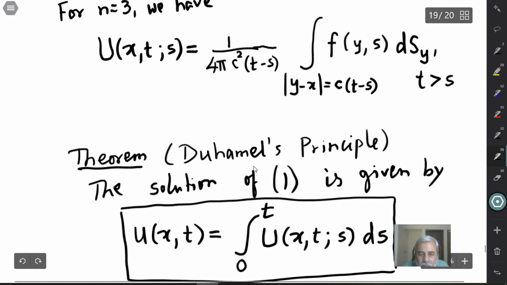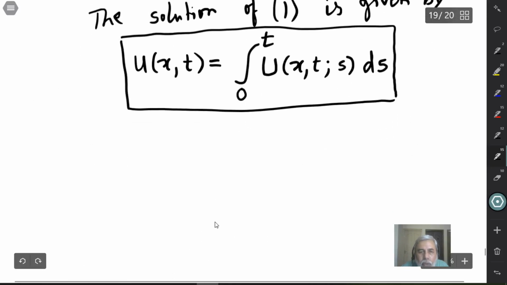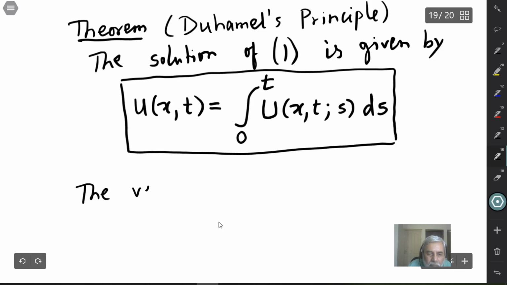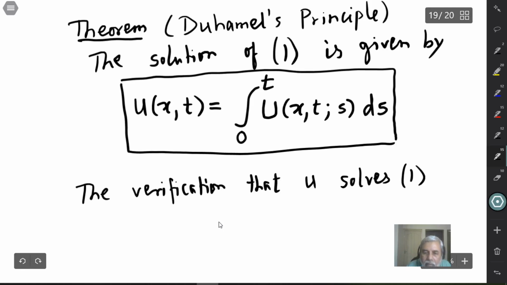So you just look at the proof in the one-dimensional case. The verification that u solves IVP 1 was done for n equal to 1. The same procedure works.